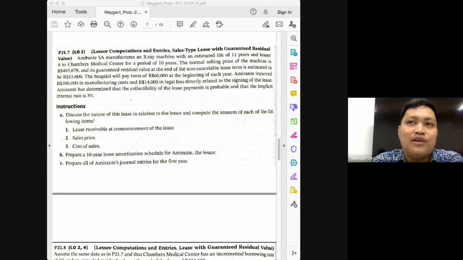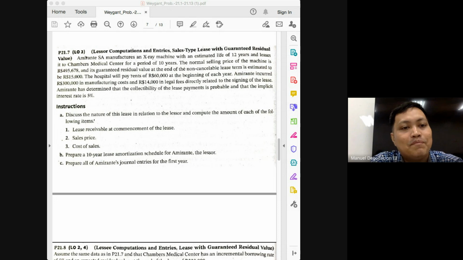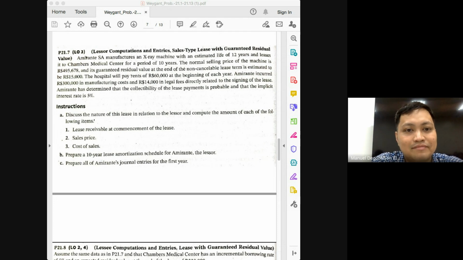That is why immediately after the payment of 60,000, the outstanding balance of the lease receivable is not 495,678. It would be 435,678. And this is the amount that is outstanding for 1 whole year, and the amount that will earn interest for 1 whole year.